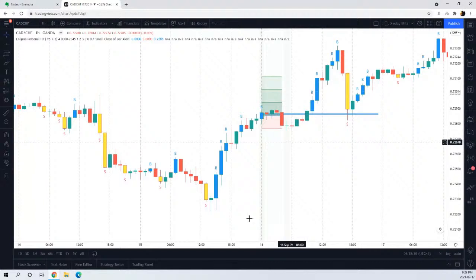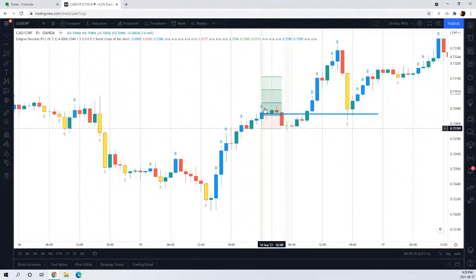So that's why we give you some parameters here with the system to get in and give you a tight stop loss here.